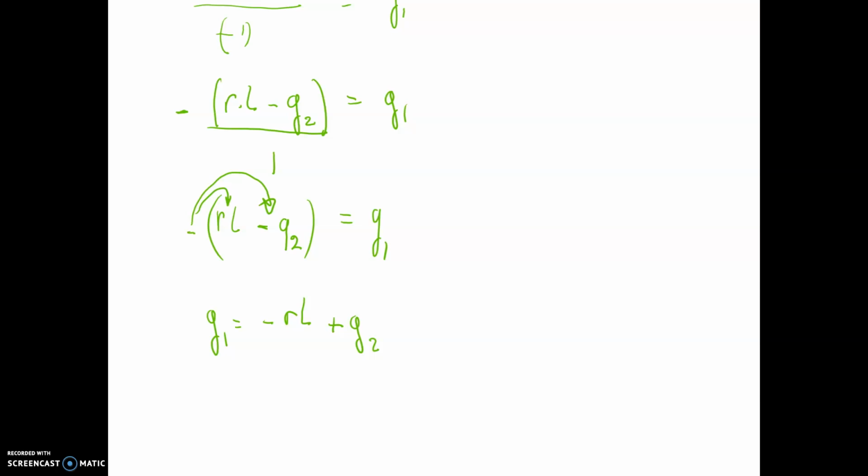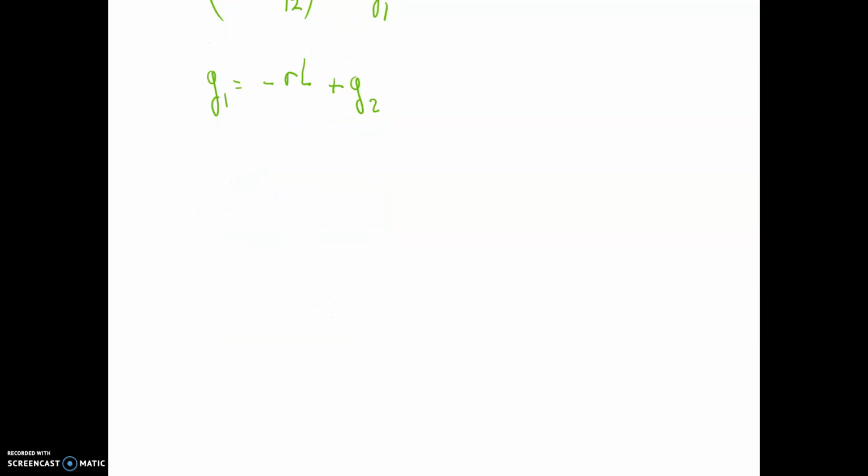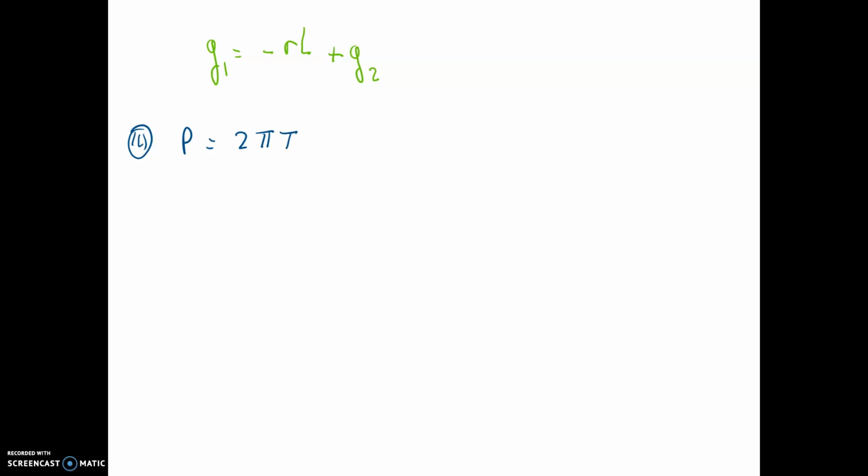So let's try to do problem number 10. On problem number 10, we have P equal 2 pi multiplied by T multiplied by F. And the question is to isolate T. If you want to isolate T, use your eyes. You have an equation with multiplication between every variable and number.